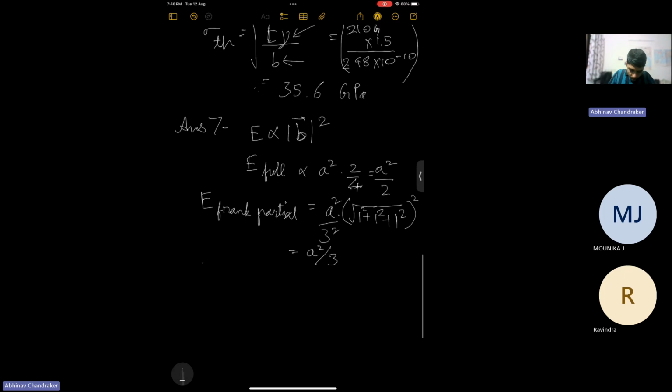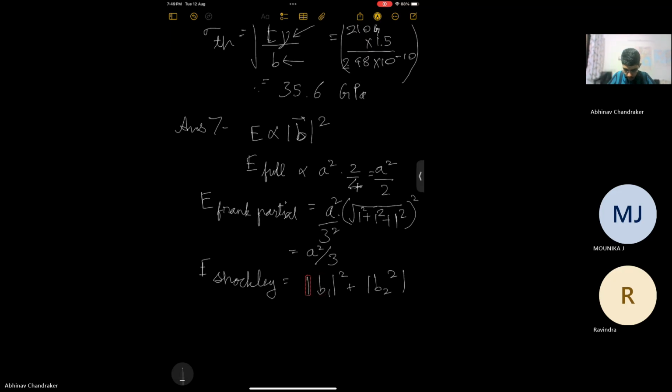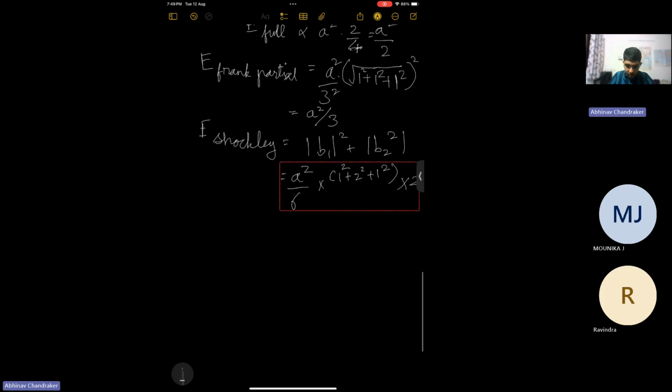Next, let's look at Shockley. E Shockley equal to, you have two dislocations, B1 and B2. Let's look at the sum of squares of both. A square by 6 into 1 square plus 2 square plus 1 square into 2, because two different dislocations having the same Burgers vector magnitude.